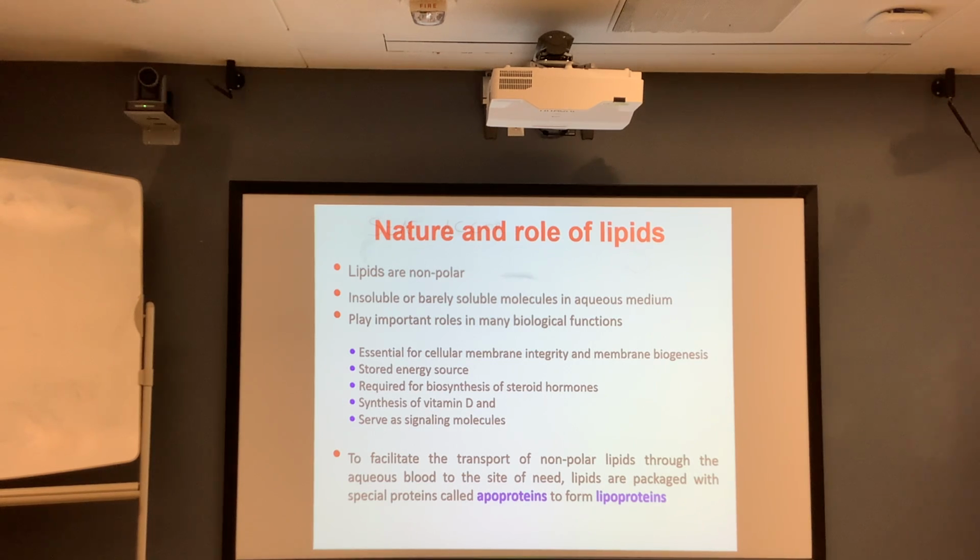But because they are non-polar, they need to be transported through the aqueous media of the blood. So the way they do that is they are packaged with special proteins that we call apoproteins. And when the apoproteins combine with lipids, that's what we refer to as lipoproteins.